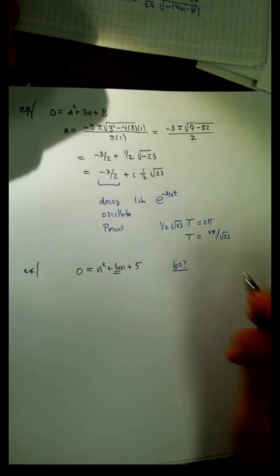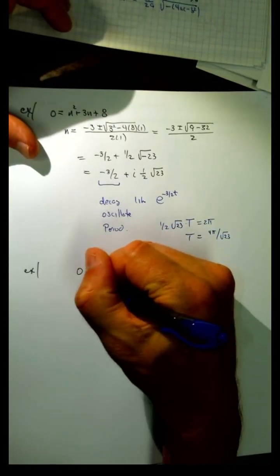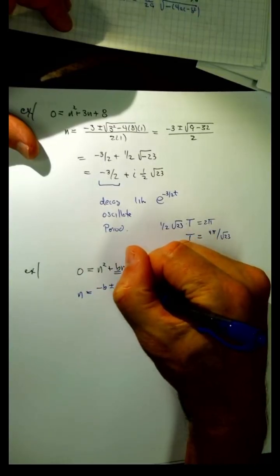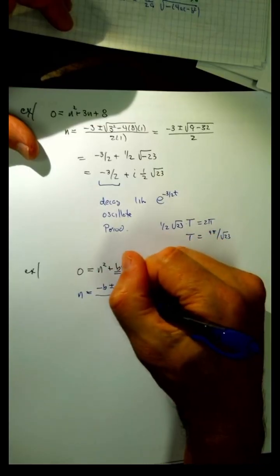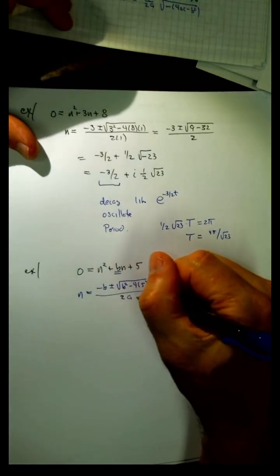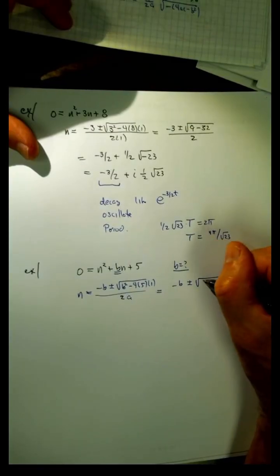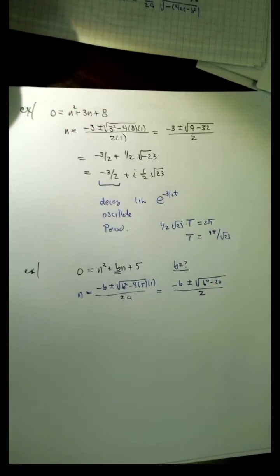This means that if I go through and find the value for n, I'm going to have minus b plus or minus the square root of b squared minus 4 times 5 times 1, over 2a, but a is 1. So I have minus b plus or minus the square root of b squared minus 20, all over 2.